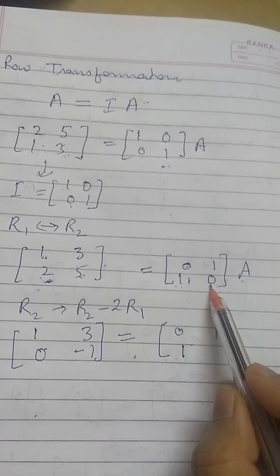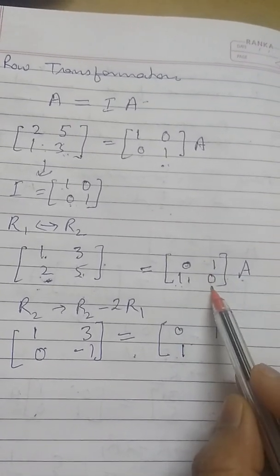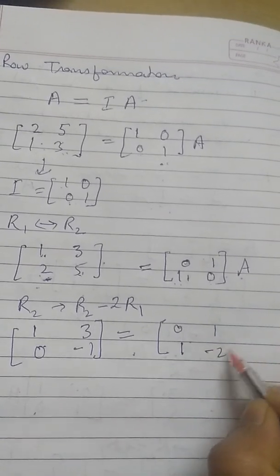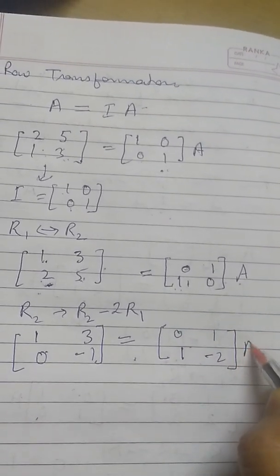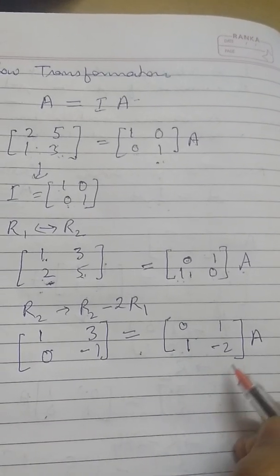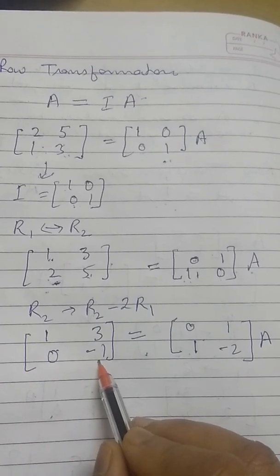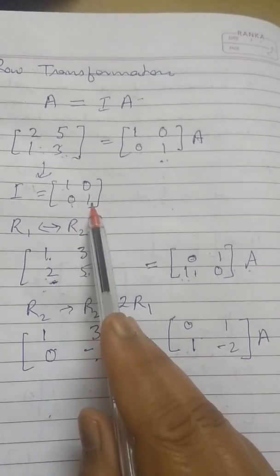And now here is 0. Multiply this first row by minus 2. Minus 2 plus 0, that means minus 2, into A. Is it clear? And now this term, we have to make it 1 according to this identity matrix.